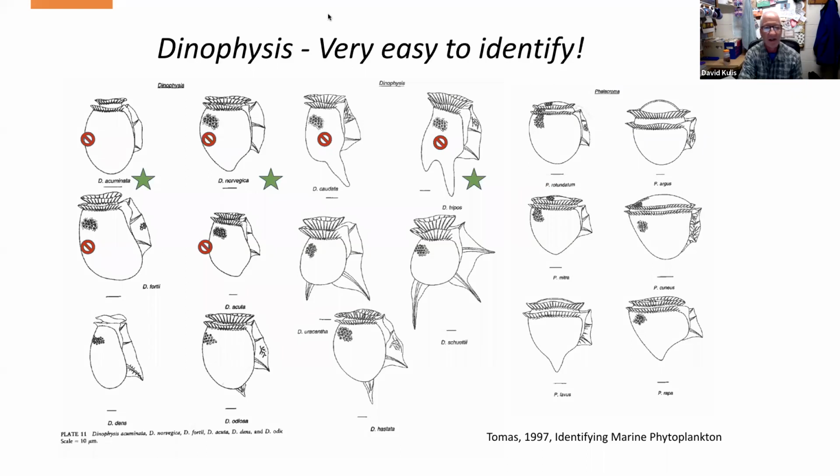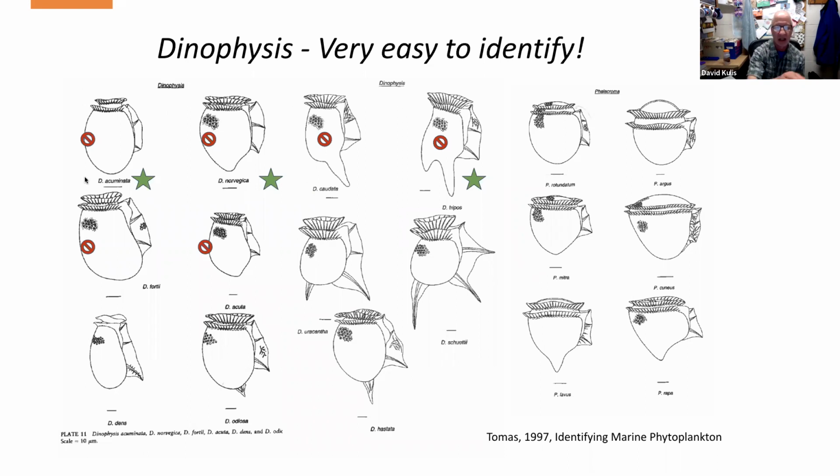Thank you. So the nice thing about Dinophysis is that they're relatively easy to identify. The three species that you find in Alaskan waters, at least that have been noted so far, are tripos, norvegica, and acuminata. The ones that I have highlighted with the red circles with the line through them are the toxic species.